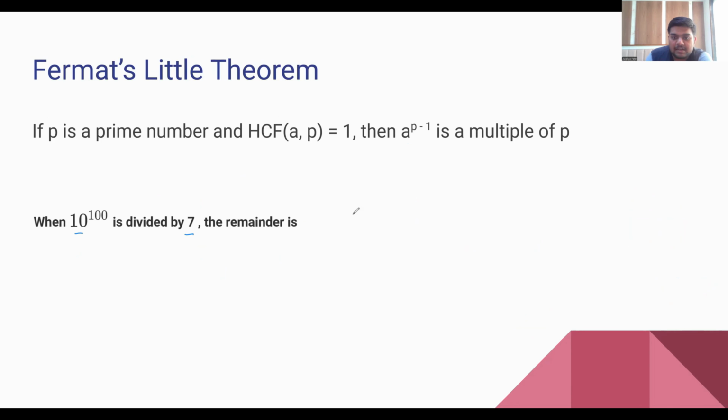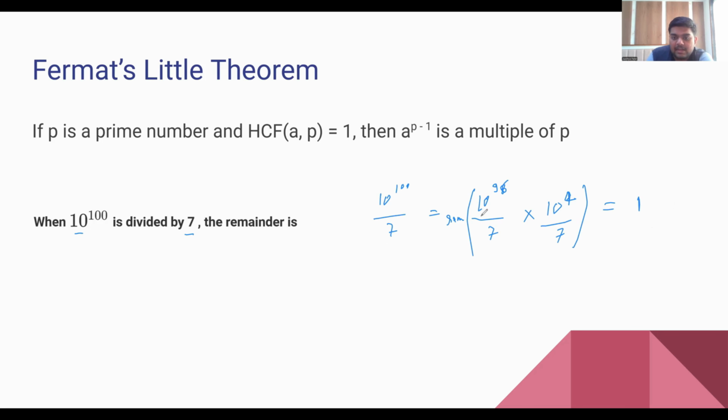So we can say that 10 to the power 100 by 7 is equal to 10 to the power 98 by 7 into 10 to the power 2 by 7, since 14 sevens are 98. Now 10 to the power 98 by 7, remainder will be 1.